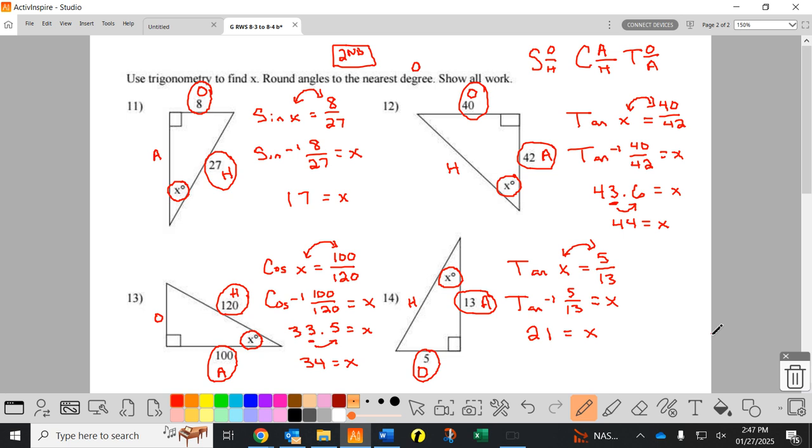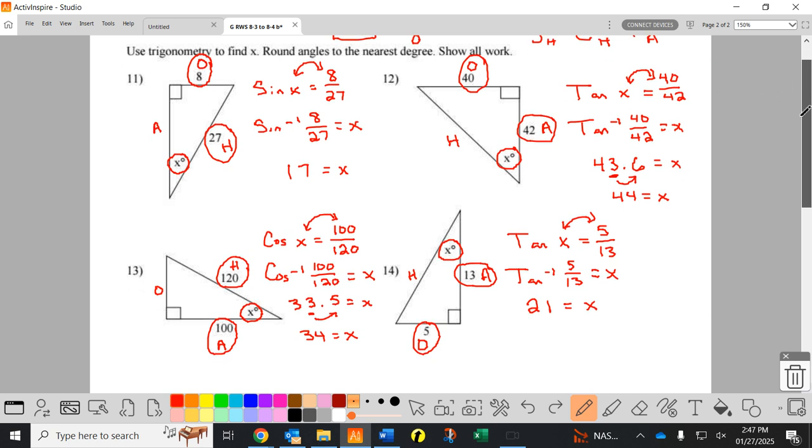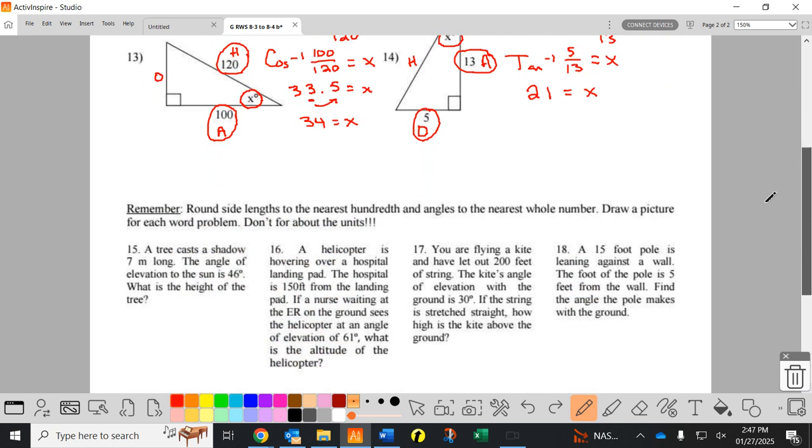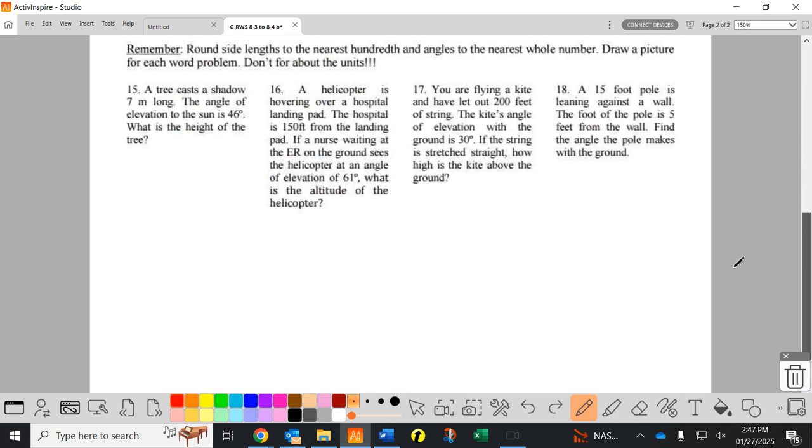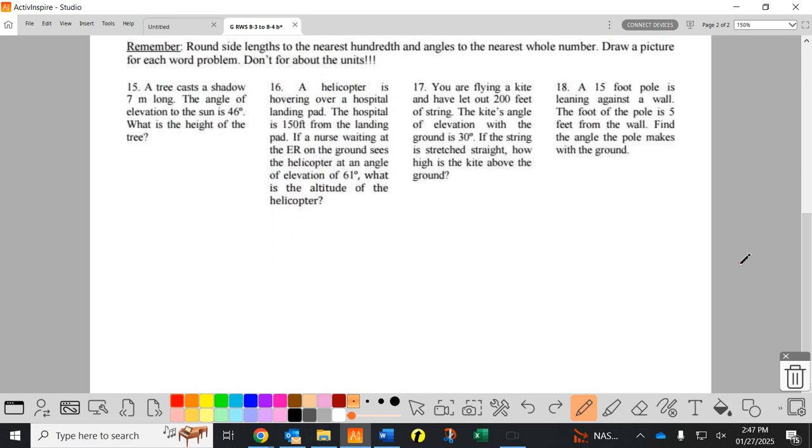Okay, so for the last of these, we've got our 4 word problems. Take a minute and draw some right triangles. For each one of these, you got to draw a picture, putting the numbers in the right spot. I've told you that is everything. You got to be able to get that right. So we're going to start with 4 right triangles. The simpler you make these, the easier they're going to be. They don't need to be fancy. They don't need to be big. Just draw a simple right triangle.